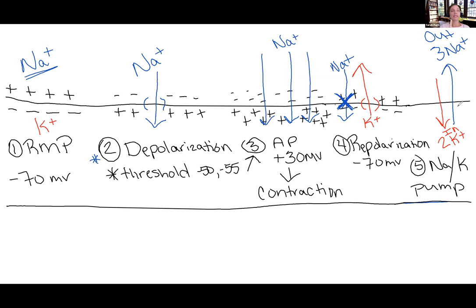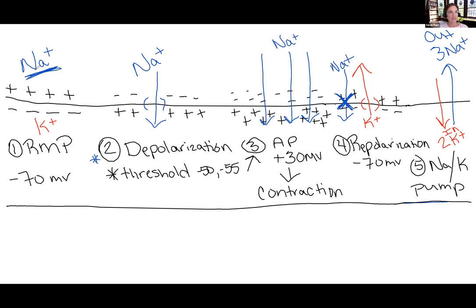Look at where we start, especially with sodium, at resting membrane potential. Remember, we start with more sodium outside the cell. Where does sodium move during depolarization? Into the cell. Where does sodium move during an action potential? Into the cell.